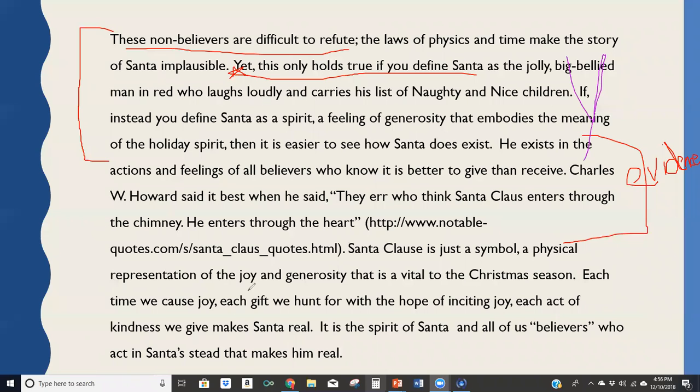Okay, so the other side is stating the counterclaim. So it would be the yes button. So counterclaims restate other people's opinion, right? The other side's opinion. So that's the counterclaim.